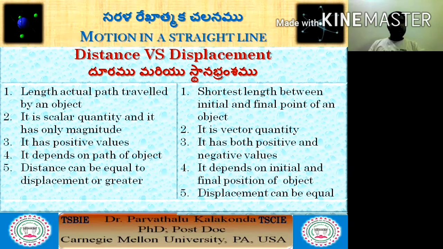Let me differentiate first what actually distance and displacement are. Distance is the actual length of a path traveled by an object, whereas displacement is the shortest path between the initial and final point of the object.